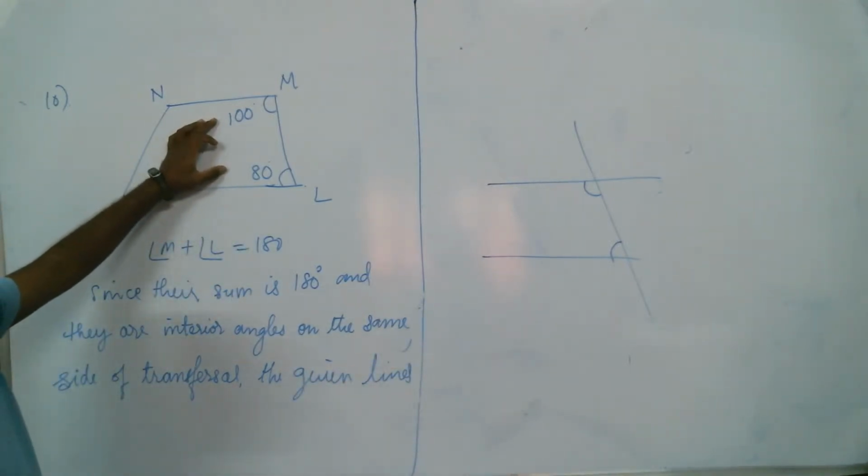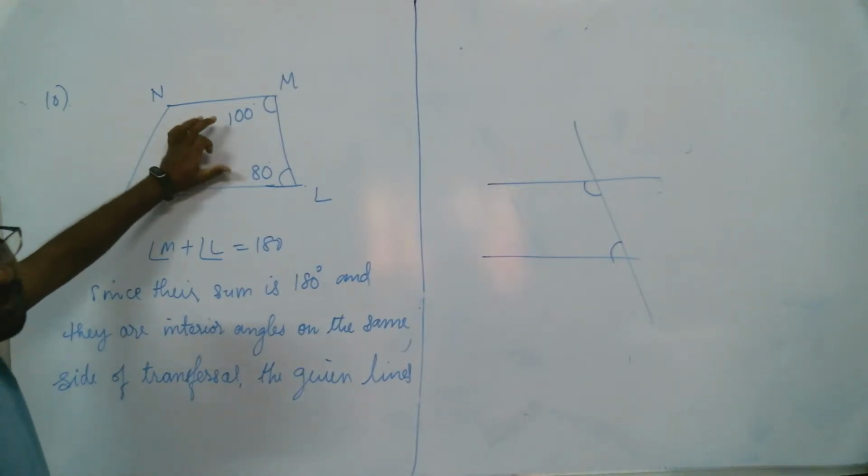They are the interior angles on the same side of the transversal and their sum is coming 180 degree.